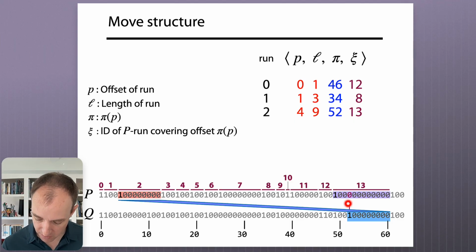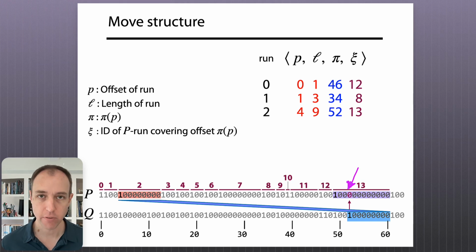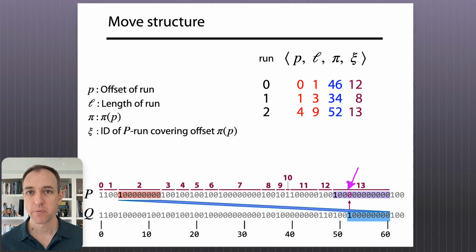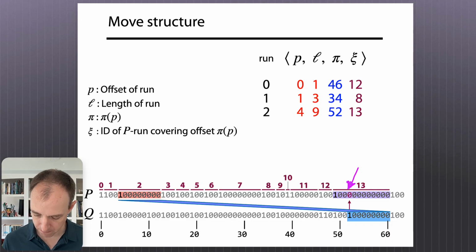Notice that offset 52 is not a run head. It's in the middle of a run. That's fine, it doesn't matter. It's definitely in a run. It doesn't matter if it's the run head, in the middle of the run, or the run tail. We still want to record the ID of the run that contains offset 52, and the answer is 13.